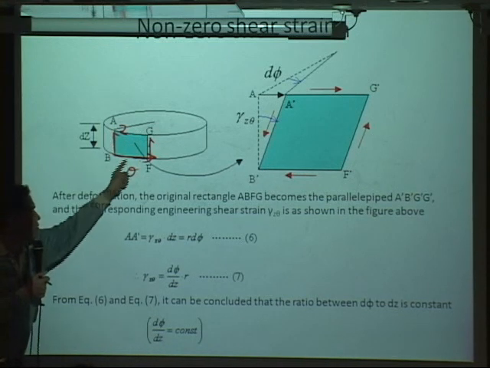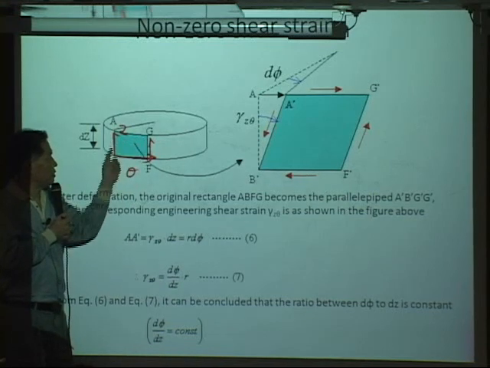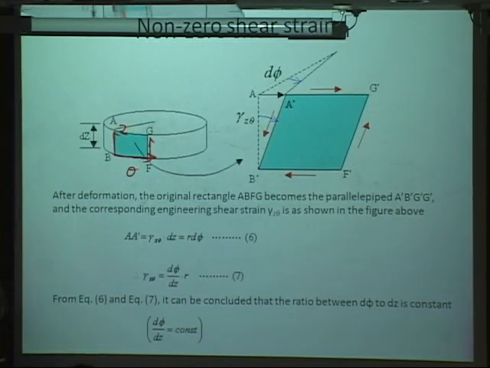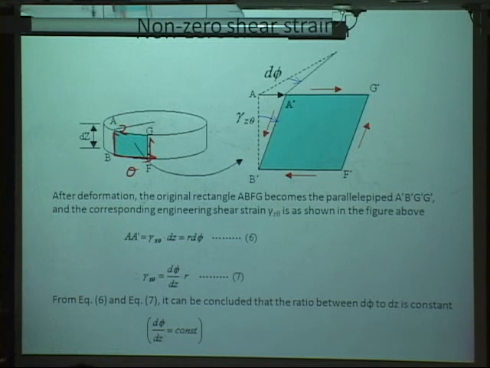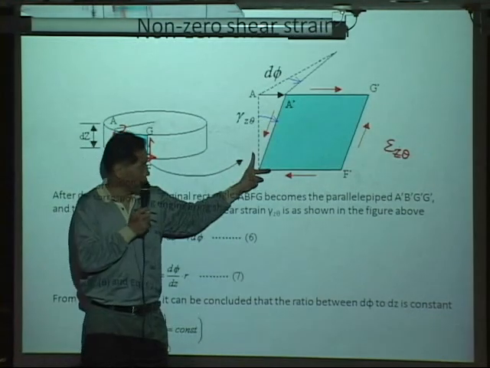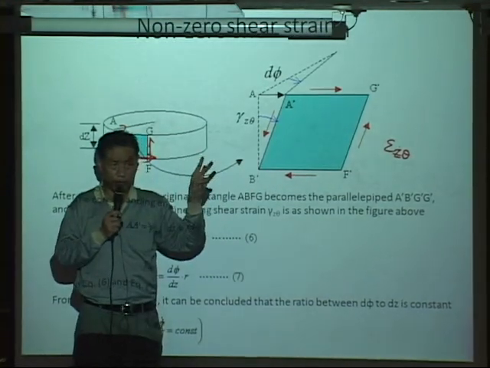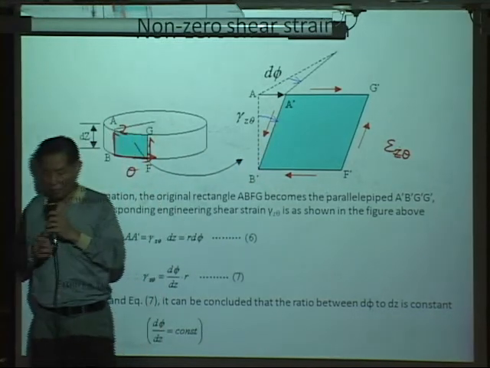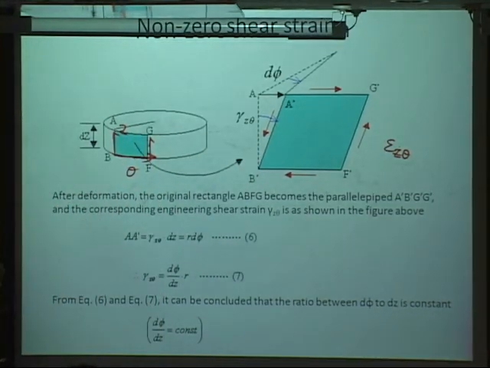Theta and z, there is this rectangular shape, and it will have the deformation like that. And as you can see, this is the angle there. This is the shear strain component epsilon z theta. Okay, z theta. This angle is simply changing. This is the only non-zero strain component.